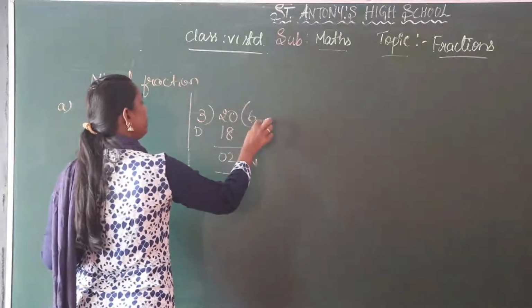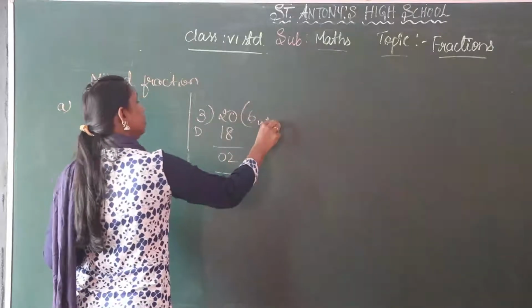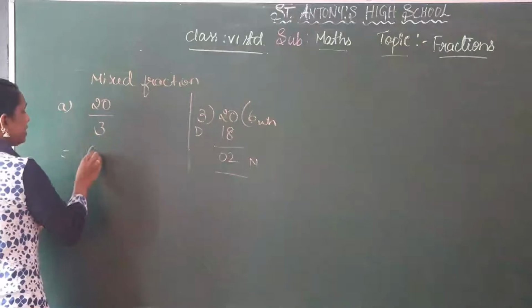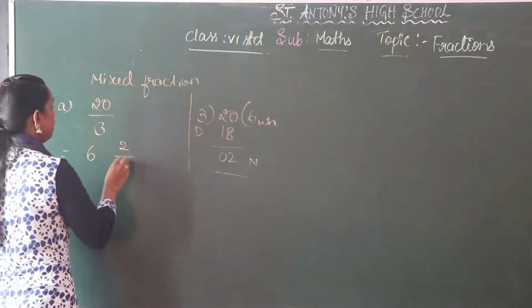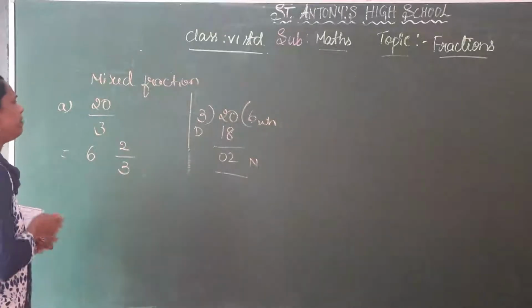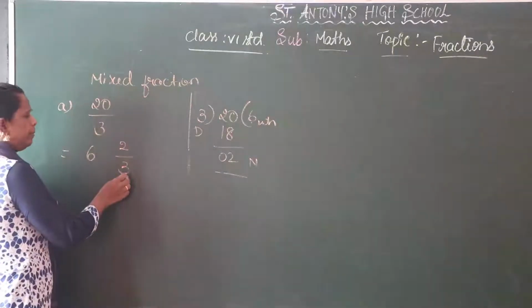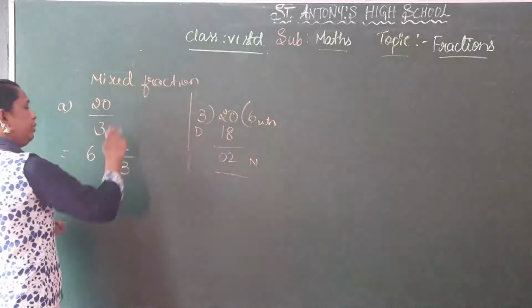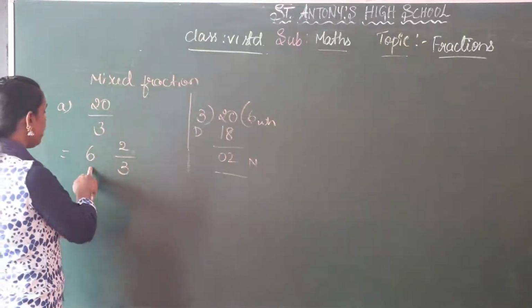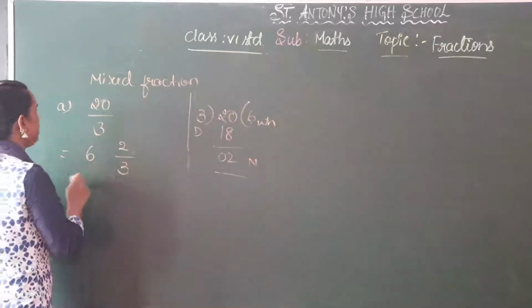This whole number, this 6, is written in the whole number place. The mixed fraction is 6, 2 by 3. There is no change in the denominator place. Write first the denominator 3, write the remainder in the numerator place, and the quotient we write in the whole number place.